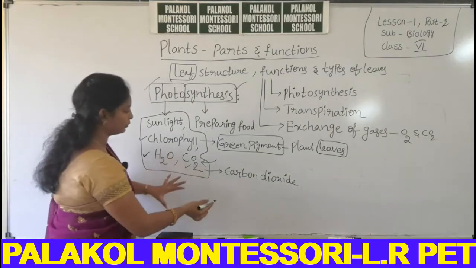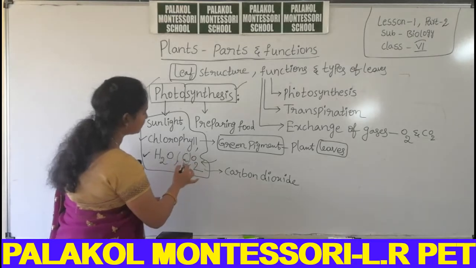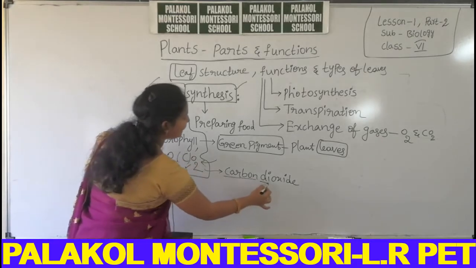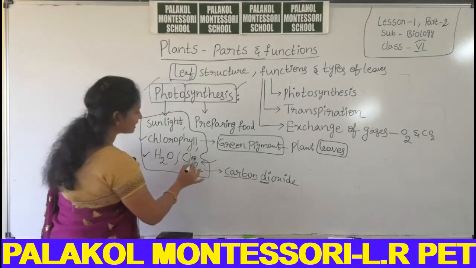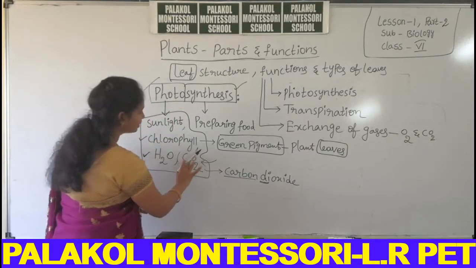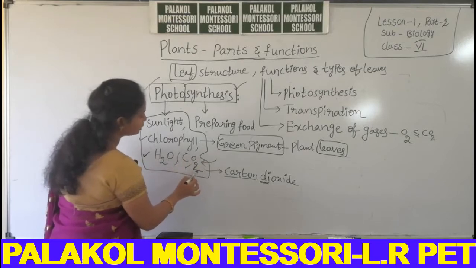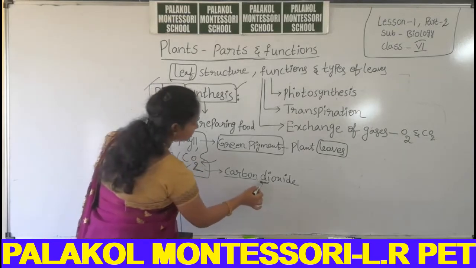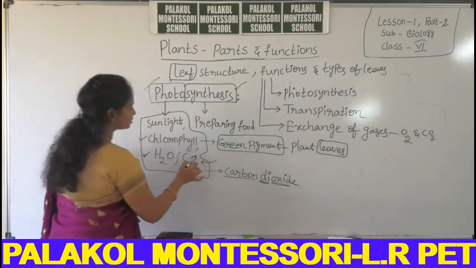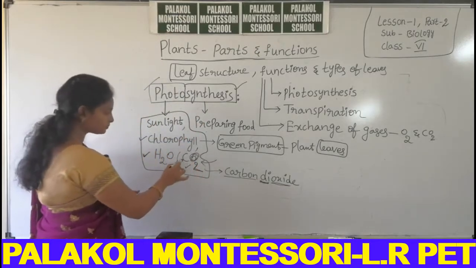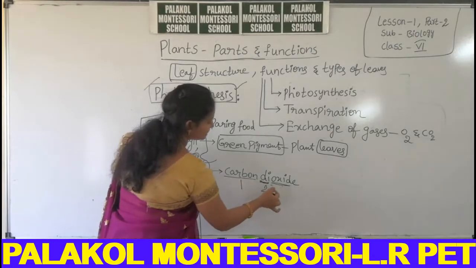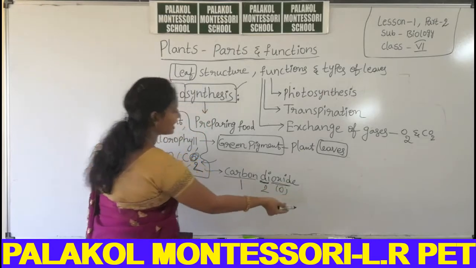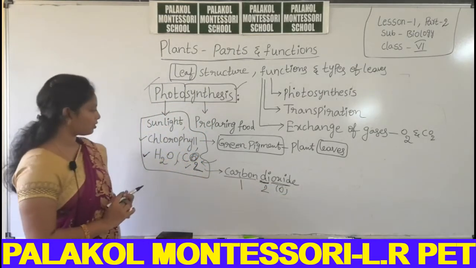Okay, CO2, C for carbon, di means two, that means here oxygen has two numbers, oxygen has two. That's why I mentioned dioxide, oxide means oxygen. Carbon is 1, di means 2, which has 2 oxygen. That's why I mentioned carbon dioxide.